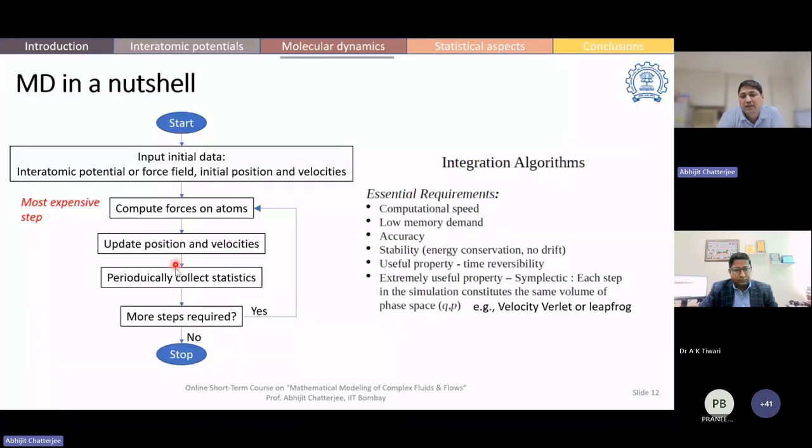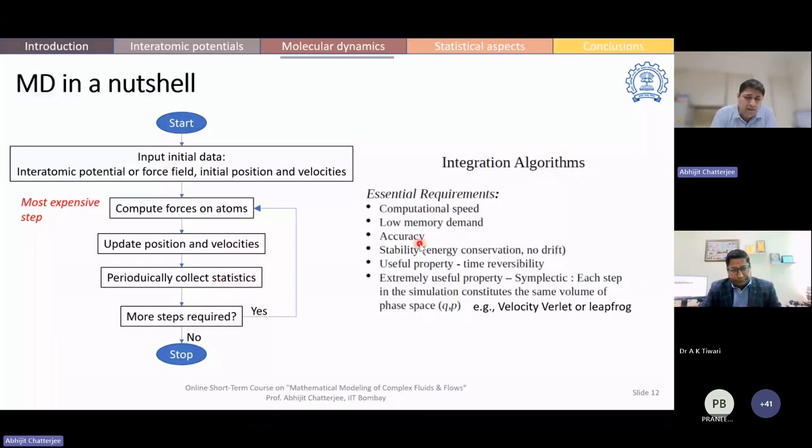Periodically we collect statistics by storing the positions and velocities. If more dynamics is required, we just continue this process. Every new position we get, we evaluate the forces and then continue. Eventually, at some point, we'll have to stop and follow that with the analysis of the data we have collected.